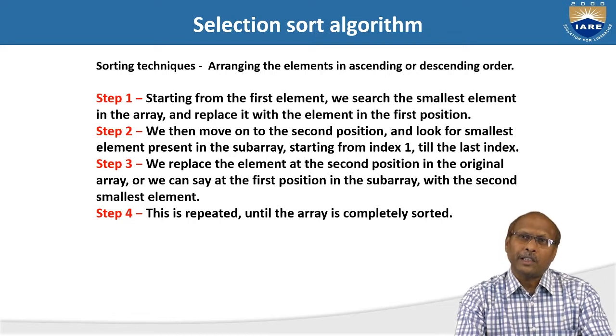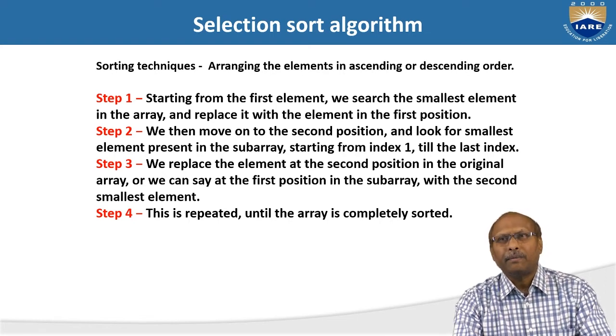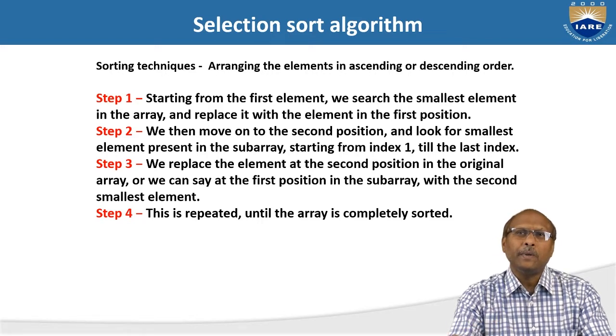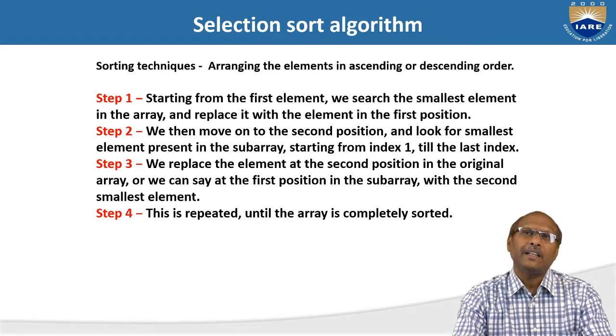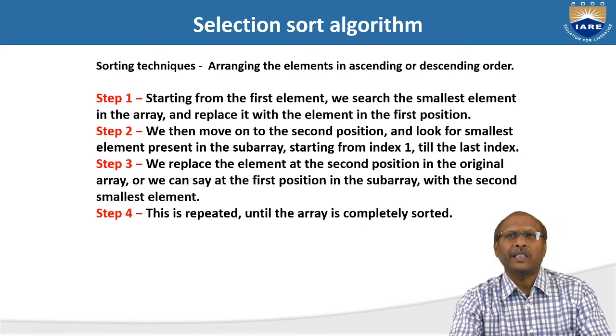Then look for the second smallest element in the array and move it to the second position. In step 3, again find the next smallest for the next position. Like this, you repeat this process till the nth element. So n times this process has to continue. That means if there are n number of elements, you have to repeat n times. This is one of the simplest sorting techniques.